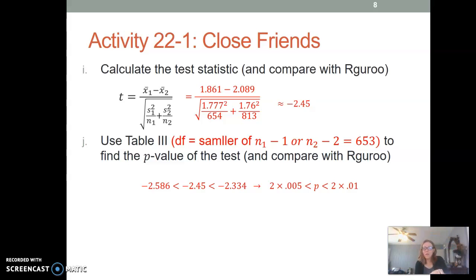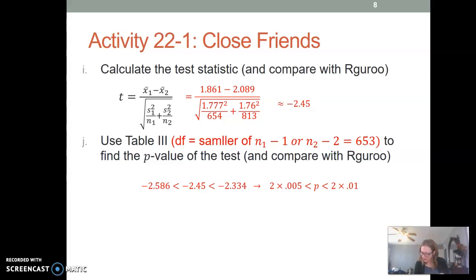What you're going to do is find all the way down at degrees of freedom. We've got degrees of freedom 653, so we're going to use 500 because it doesn't have 653 exactly. It goes from 500 to infinity. So we'll look at that row, 500, and go all the way across until we see a t-value that's around 2.45, okay?